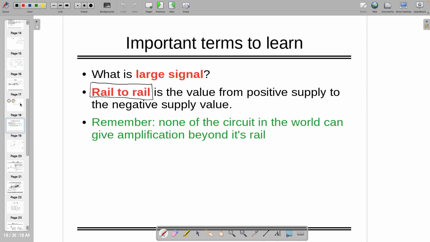Okay. But people like the circuits which are going to give you rail to rail output. It means there is no saturation. Usually what happens when you are looking at the output, before VDD and ground, so this is VDD and this is, let's say, ground. Actually the circuit is getting saturated much before VDD and much earlier than ground.